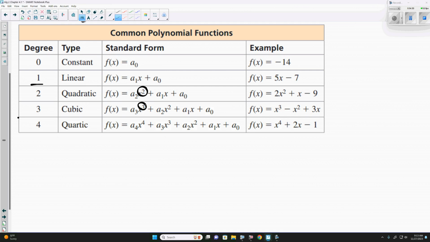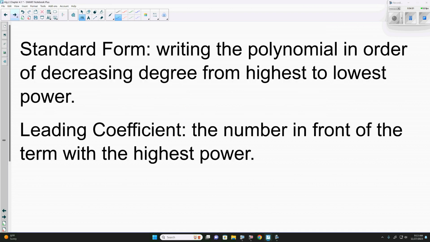And the type that we have is x cubed minus x squared plus 3x. Degree 4 means the biggest exponent attached to a variable is 4, and we call it a quartic. X to the 4th plus 2x minus 1. Questions on this here? Okay.